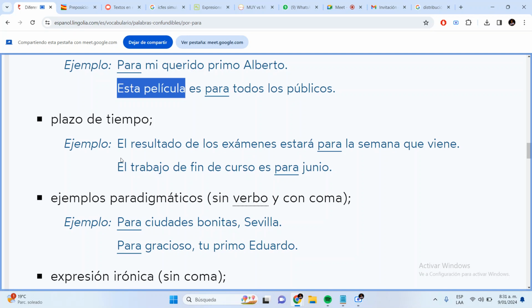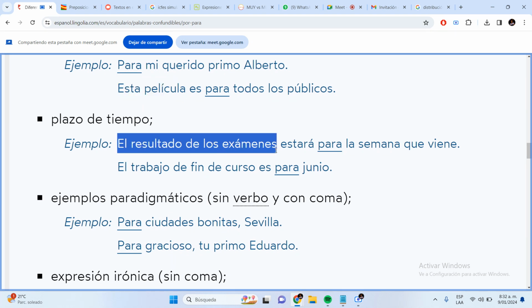Also, a very common case that you're going to use para is the deadline. So if you have to finish a job by this day, you're going to use para. So, for example, el resultado de los exámenes estará para la semana que viene.